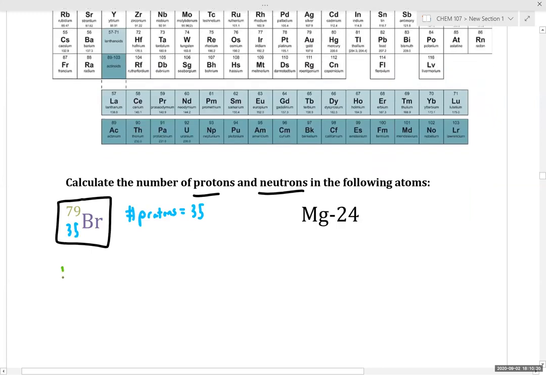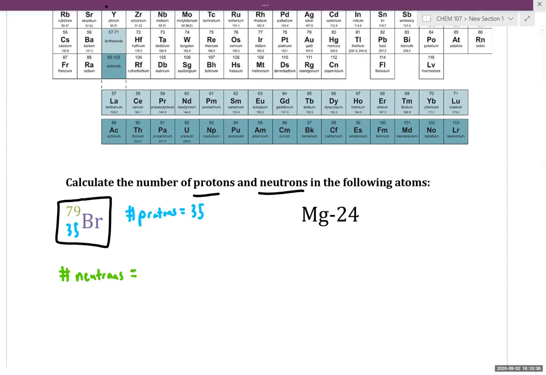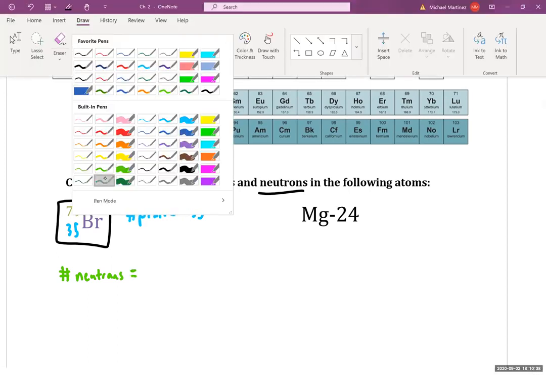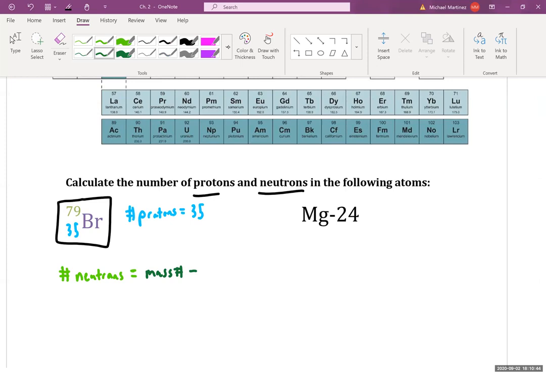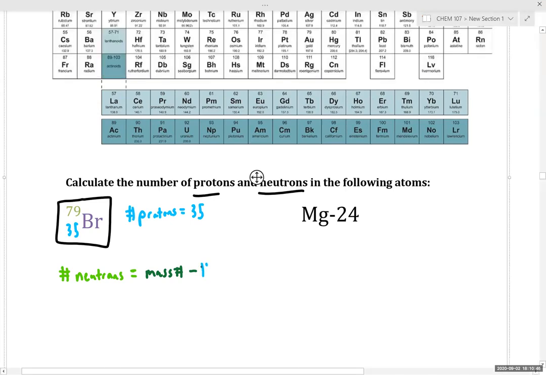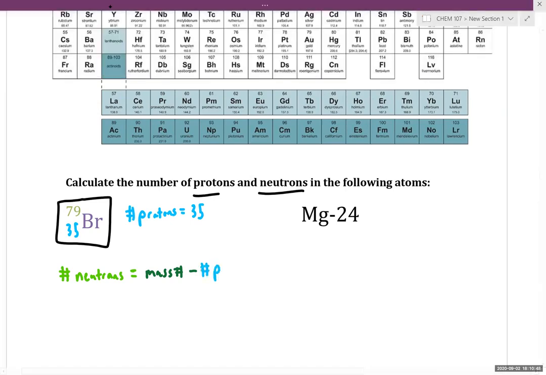Okay, now for my number of neutrons, we're going to have to work a little bit harder on this one. We're going to take our mass number minus our number of protons.